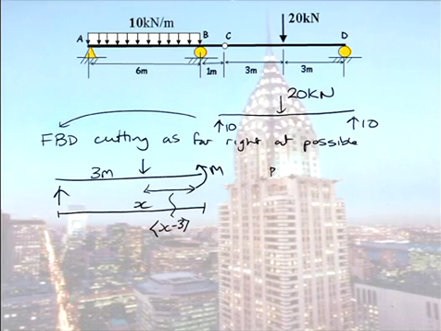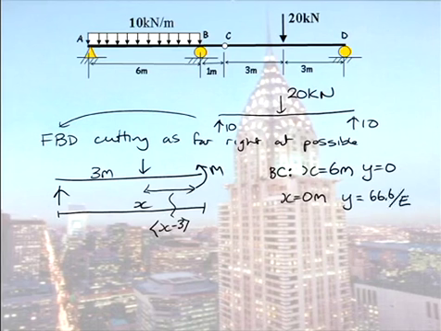So our boundary conditions now would be when x is equal to 6 metres, y is equal to 0. But when x is equal to 0 metres this time, is y equal to 0? No. Y now is equal to, what did we calculate it to be? It's equal to 66.6 on EI.